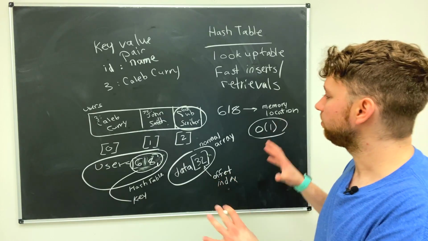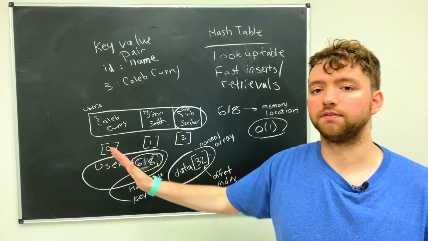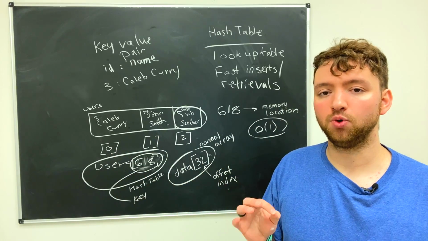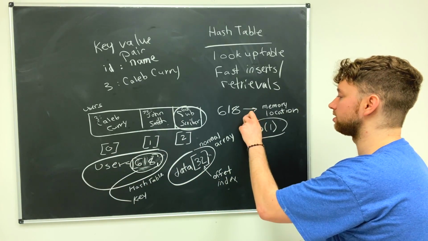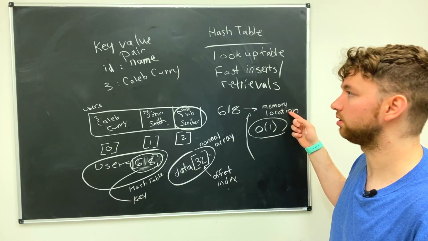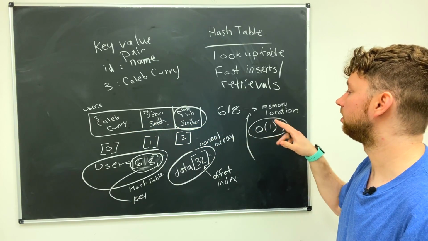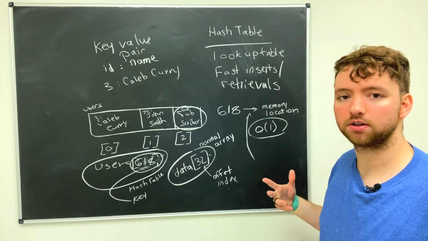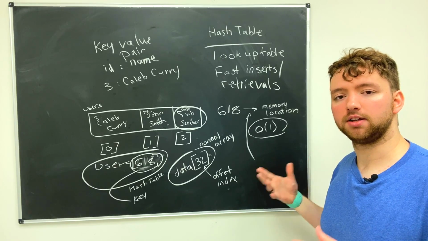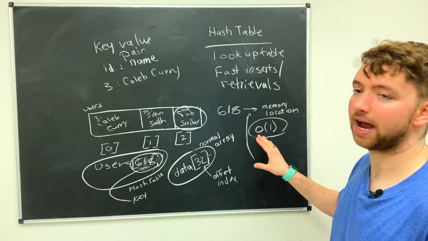All right, so I think we're getting a little bit too cluttered here. So what I want to do is clear some of this off and go through in more detail how this process works, going from a key to a memory location to grab the data, such as Caleb Curry or John Smith or whatever. What is this process and how does it work? Because this is the magic, the secret sauce, the secret formula of hash tables.